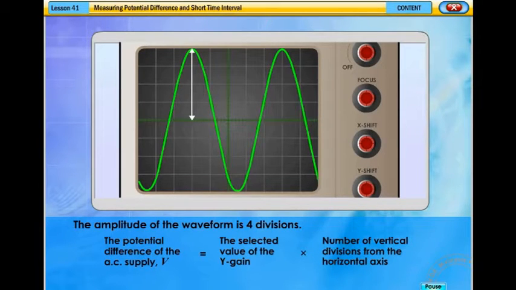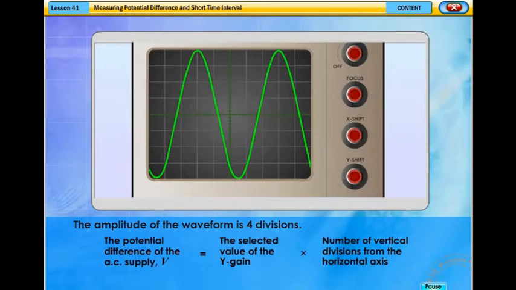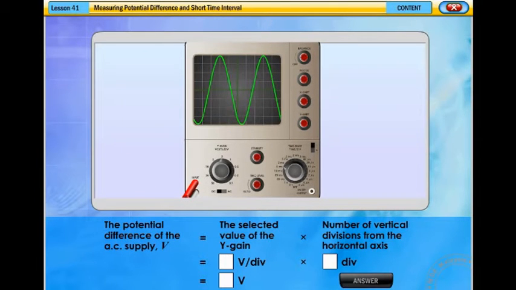The potential difference of the AC supply, V, can be calculated by multiplying the selected value of Y gain to the number of vertical divisions from the horizontal axis. Thus, the potential difference of the AC supply is 8 volts.